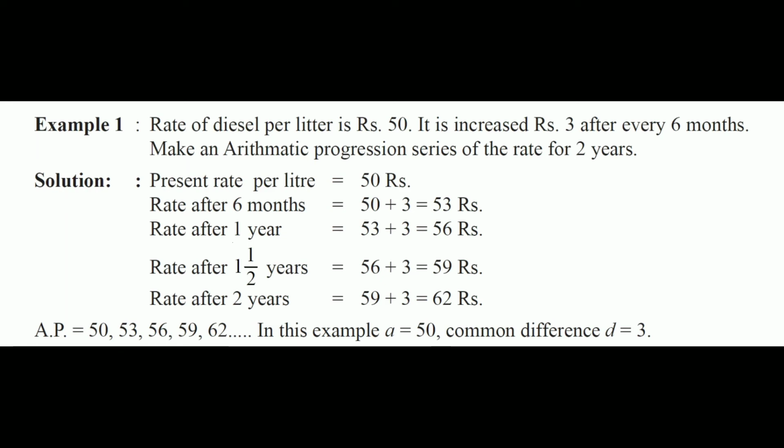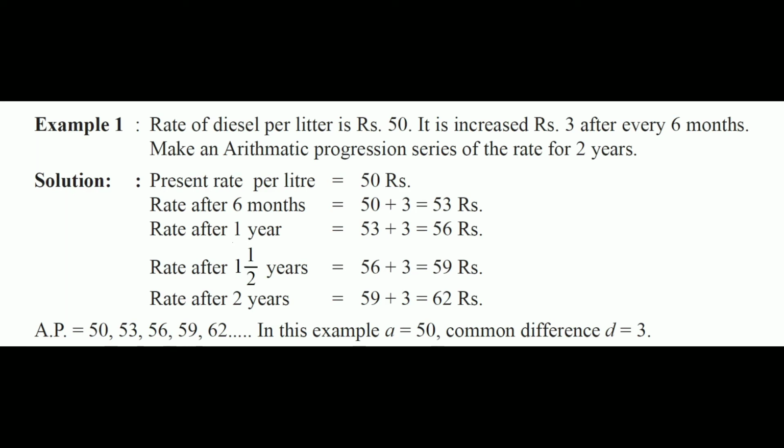We know 1 year has 2 six-month periods, means 12 months can be converted into 2 six-month periods. Therefore, for 2 years the term will be 4 times 6 months, means we have to go for 4 terms.